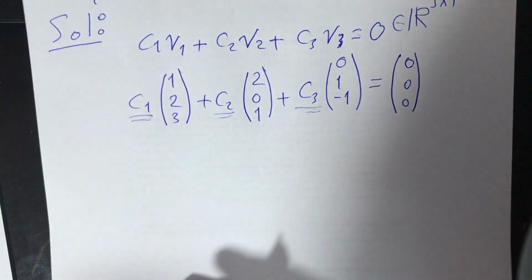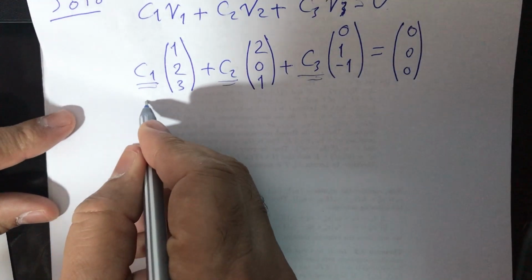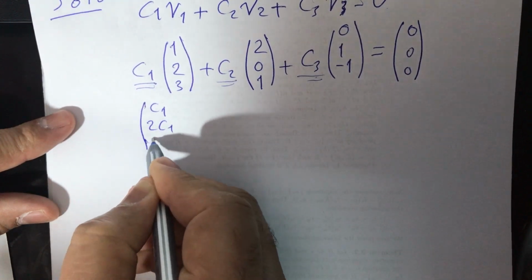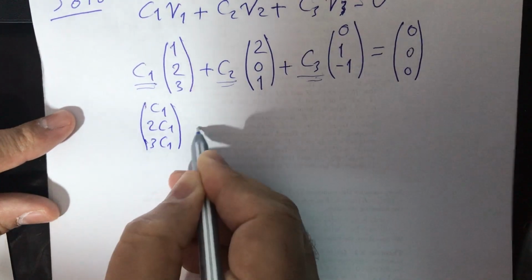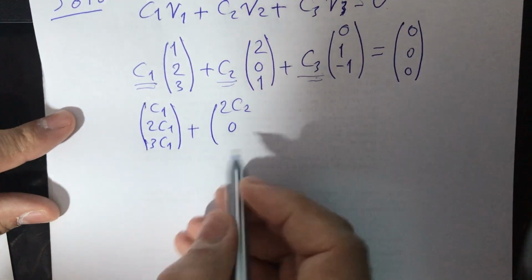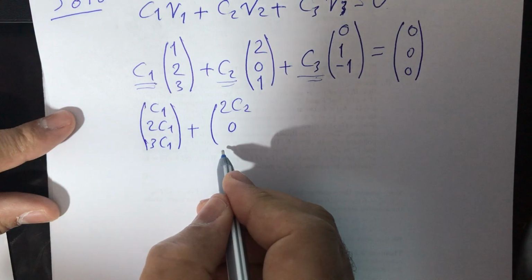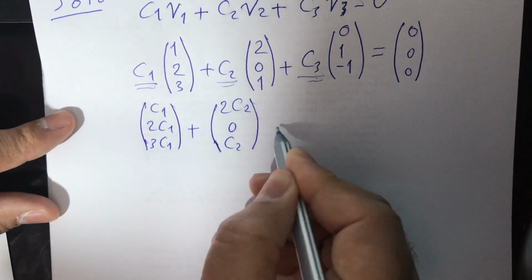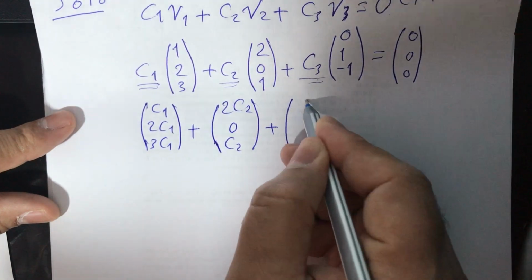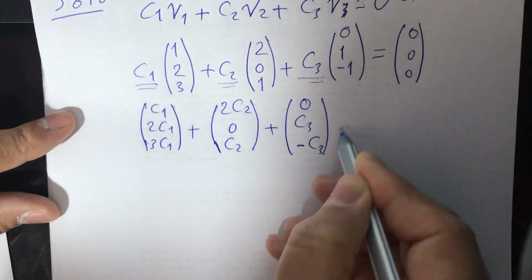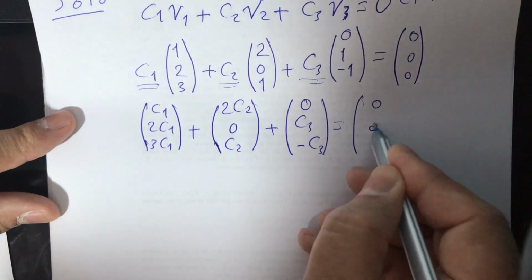You can move it here. This is C1, this is 2C1, this is 3C1, plus 2C2, plus 0, plus C2, and this is 0, C3, minus C3. This is equal to (0, 0, 0).